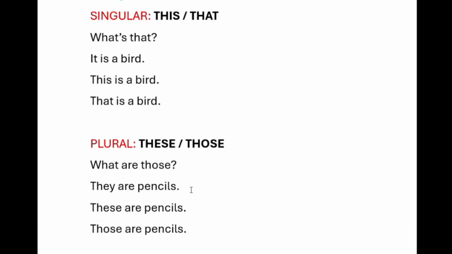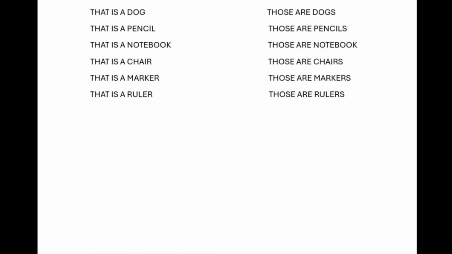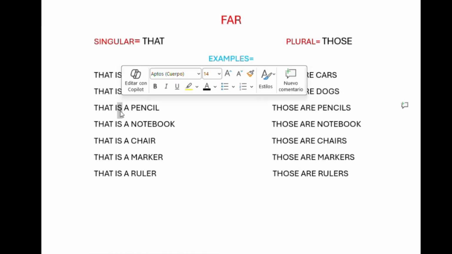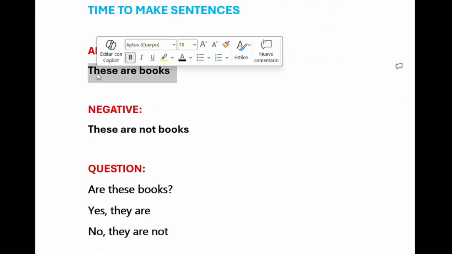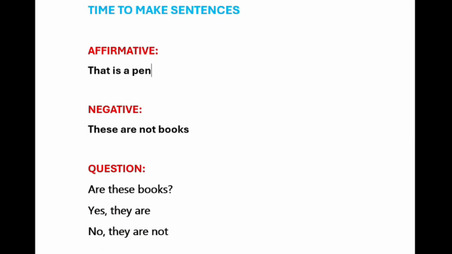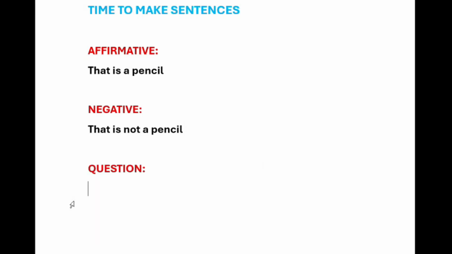You continue making sentences with that. You can take one example here. I'm going to take this one, the pencil here. That is a pencil. A negative form: that is not a pencil. And the question form? Is that a pencil?